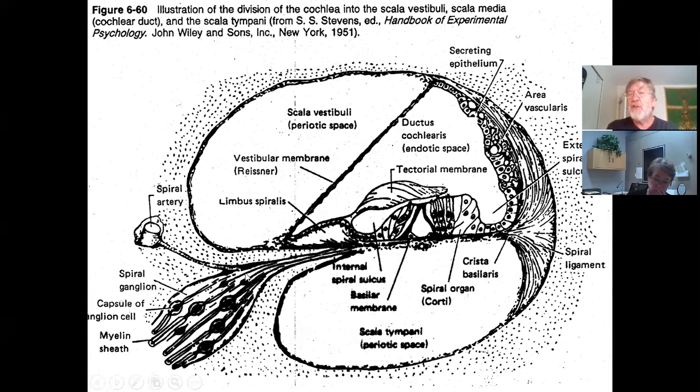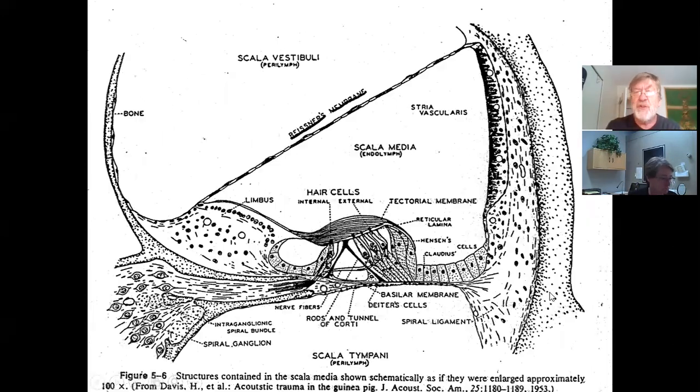So remember the 3 spirals: spiral ganglia, spiral ligament, spiral lamina. That's good. I always say there's 3 spirals. Bringing it closer, looking closer now.